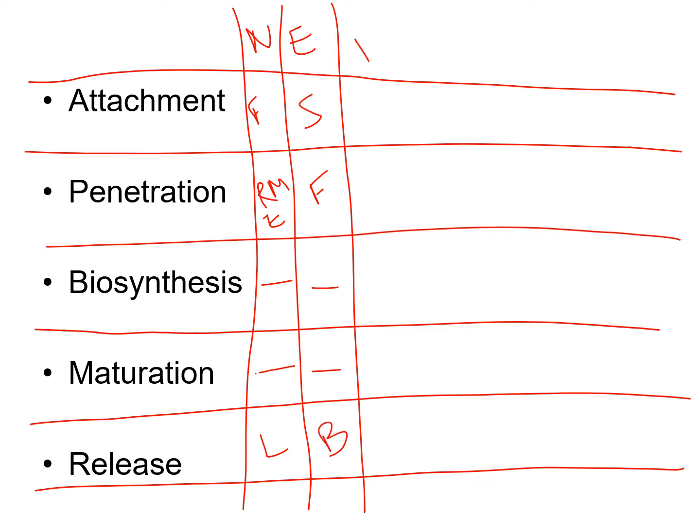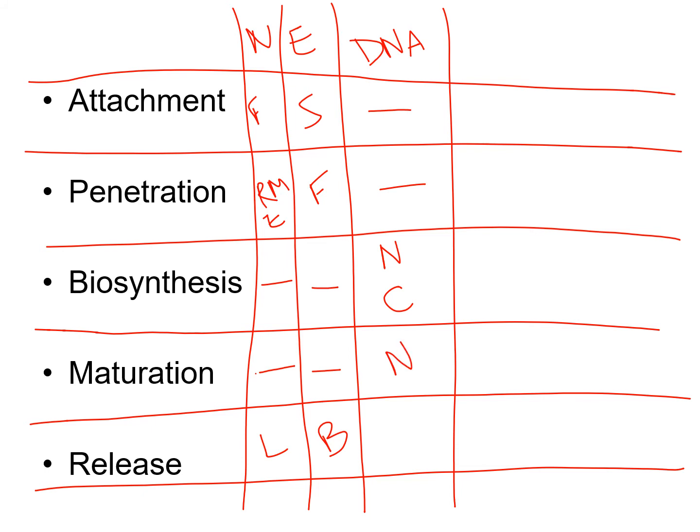Then you have the DNA viruses. DNA viruses, it gives you no information about attachment or penetration, but biosynthesis occurs in two places. The genome is replicated in the nucleus, and the proteins in the cytoplasm. Maturation will occur in the nucleus because protein can be transported into the nucleus.